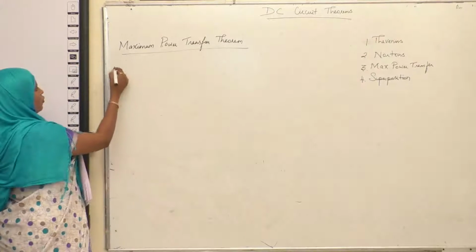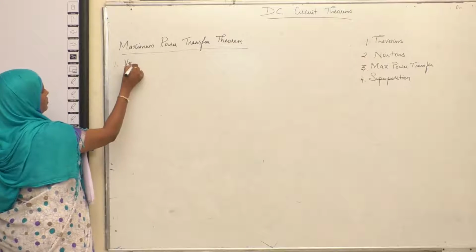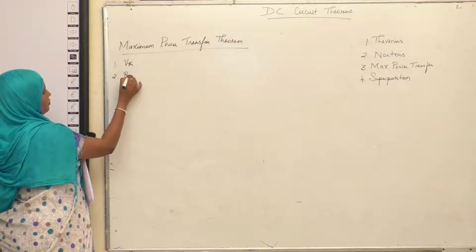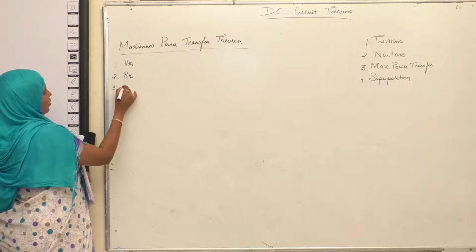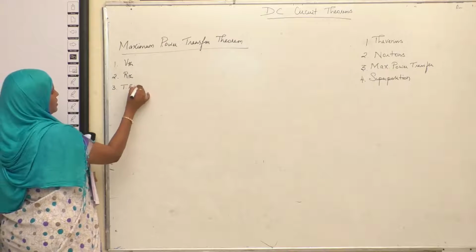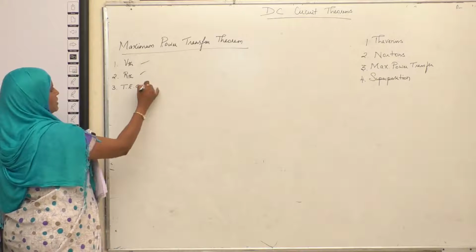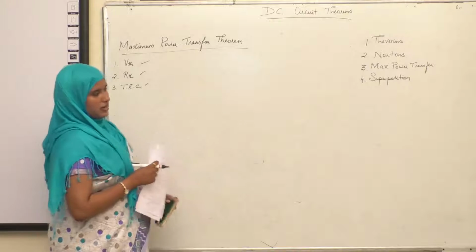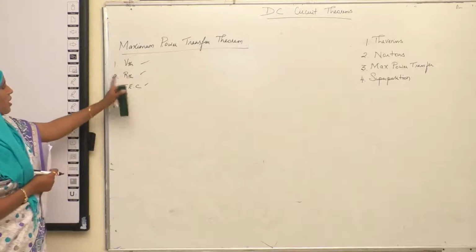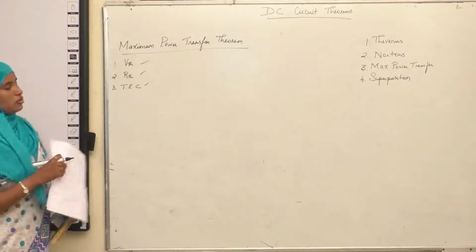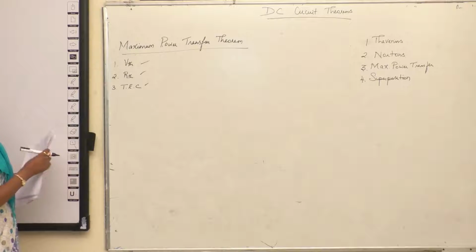In Thevenin's, what you do? You find VTH, then you find RTH, then you will draw Thevenin's equivalent circuit, right? So here also you have to follow the first 3 steps of Thevenin's theorem. Just find VTH, RTH and then draw the Thevenin's equivalent circuit.